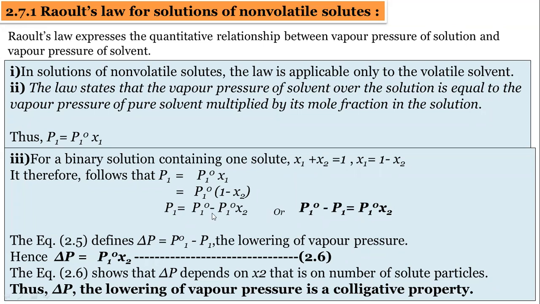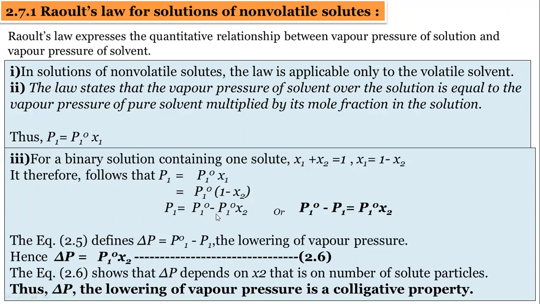Only one change is there. By rearranging this equation, we get P01 minus P1, thus this is only shifted to the left hand side. So clearly we can see P01 into 1 is P01, and it is multiplied with X2, P01 into X2. So this is P01 minus P1.